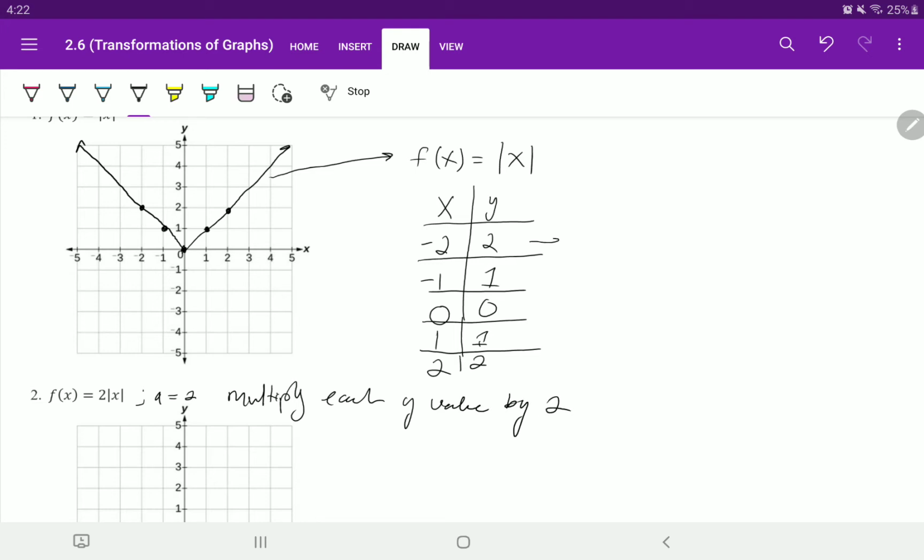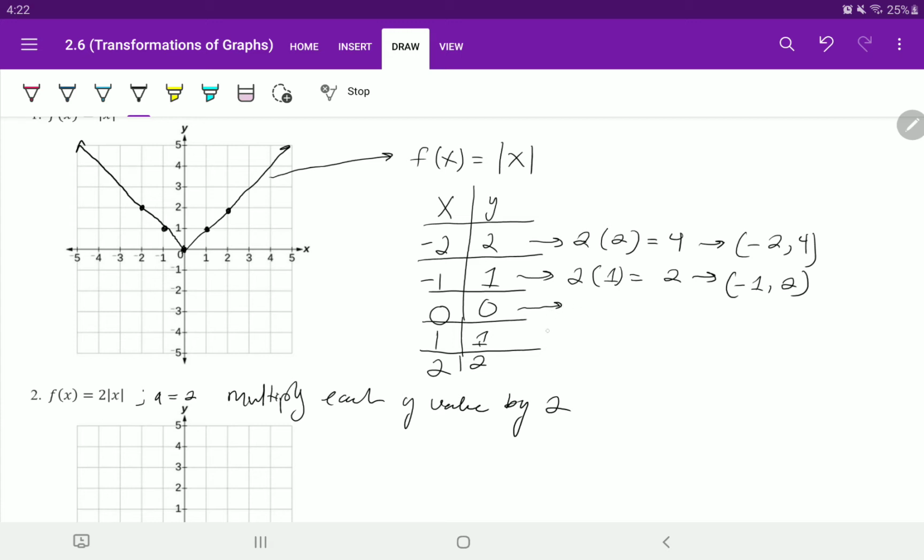We have 2 times 2, which is 4. So now we have the coordinate for the next graph, which is -2, 4. Do the same thing. Multiply the next y coordinate by 2. So 2 times 1, which is 2. Now you have the coordinate of -1, 2.